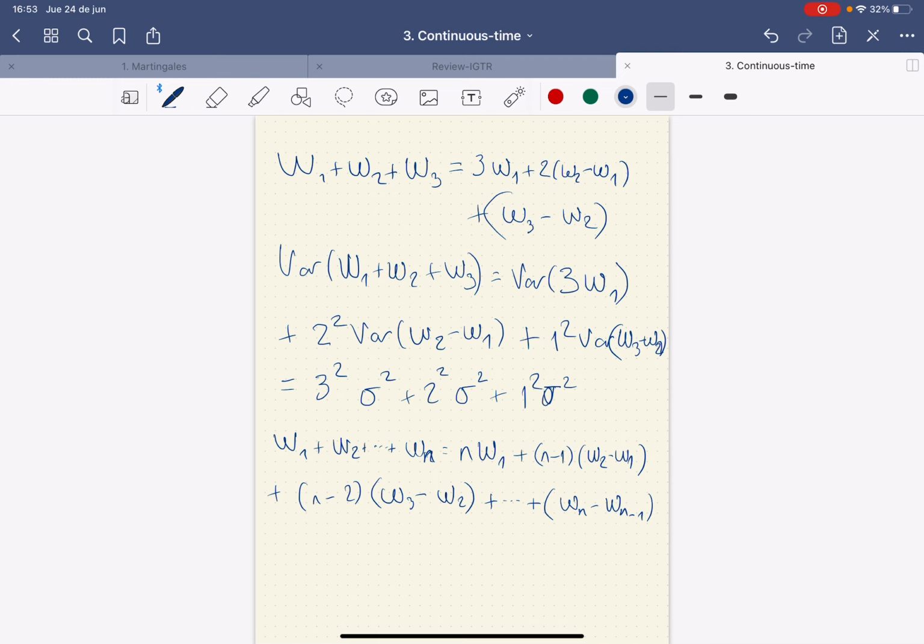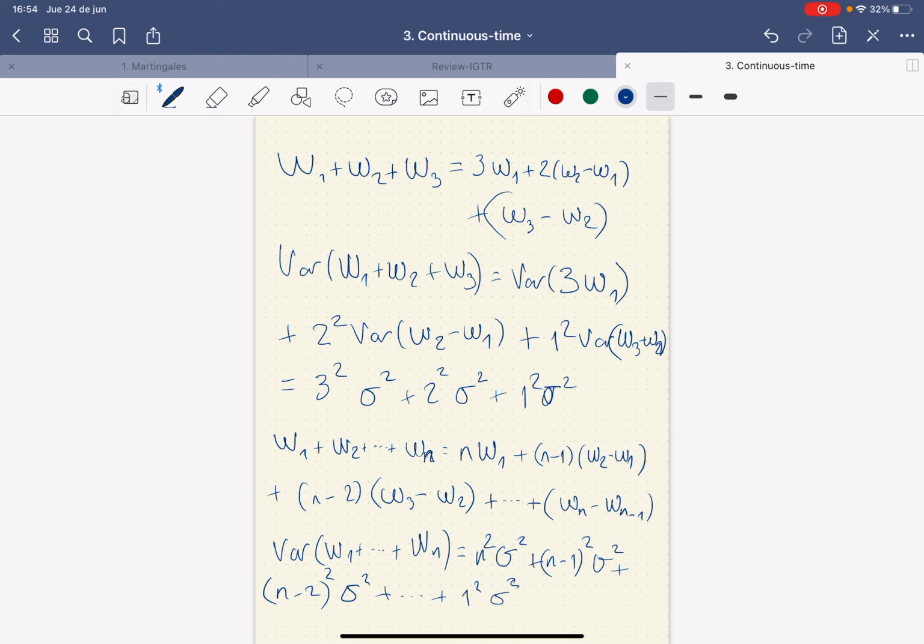So we can just take the variance of W1 plus all the way to Wn, and that equals just n squared times the variance of W1, which is just sigma squared, plus n minus 1 squared times the variance of W2 minus W1, plus n minus 2 squared times the variance of W3 minus W2, which is just this, and all the way up to 1 squared times the variance of Wn minus Wn minus 1, which is just this here.